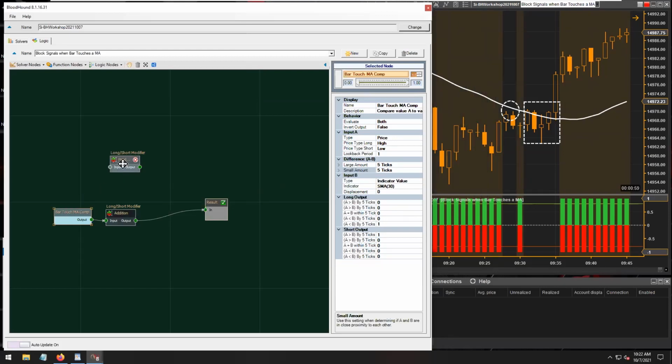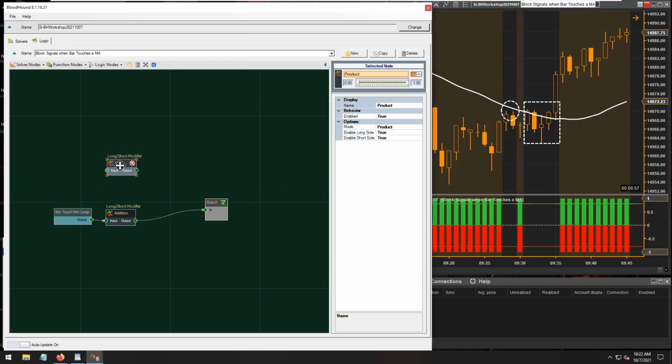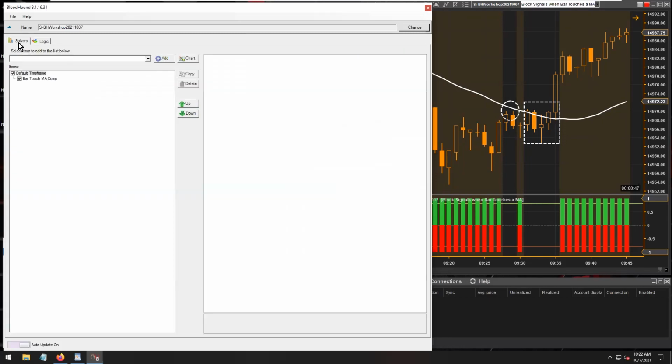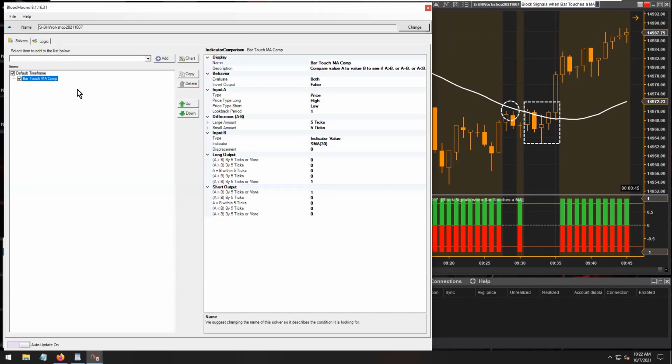All right, so let me also finish up with the opposite situation here. So let's see here. So I'm going to go to our solvers tab here, make a copy of that comparison solver, and there. All right.